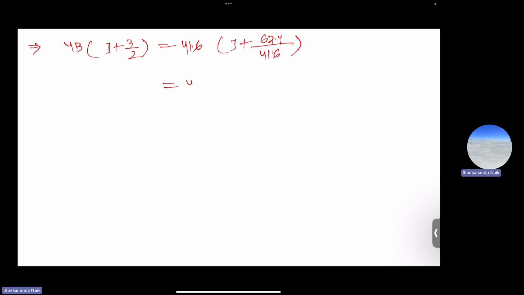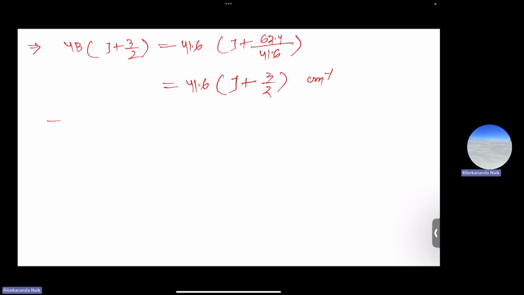So now if you compare 4B into J plus 3 by 2, it is equal to 41.6 J plus 62.4, divided by 41.6, so 41.6 times J plus, if you calculate it, 3 by 2 only, centimeter inverse.